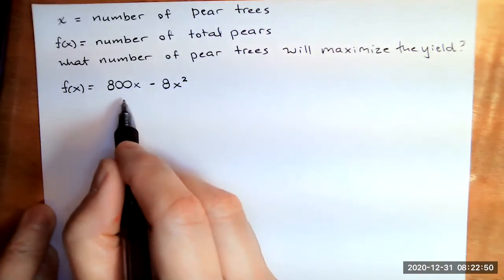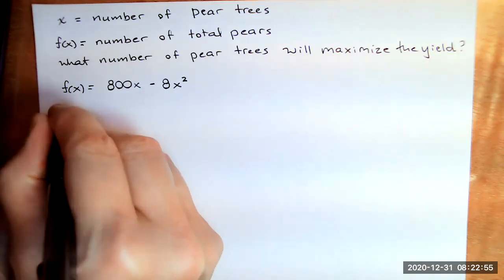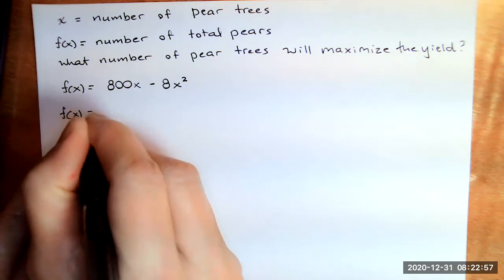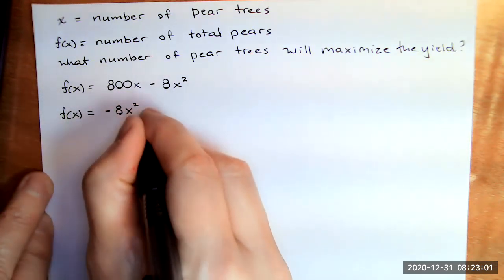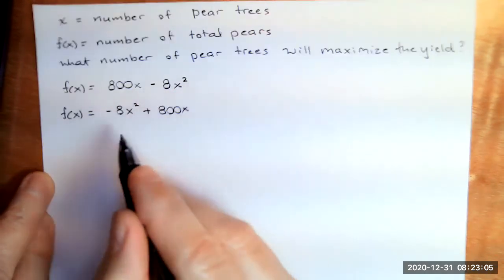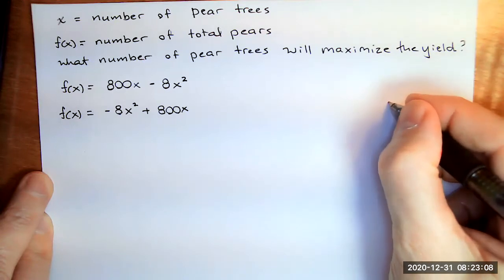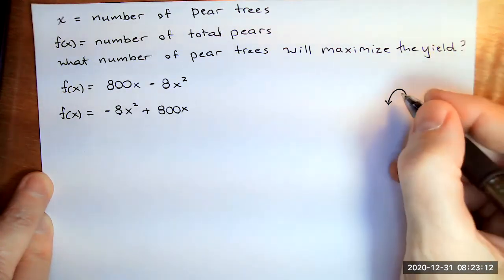So we have this function, and you'll notice that the leading coefficient is negative. Let's write it in the correct order. And because the leading coefficient is negative, we'll get a parabola pointing like this.